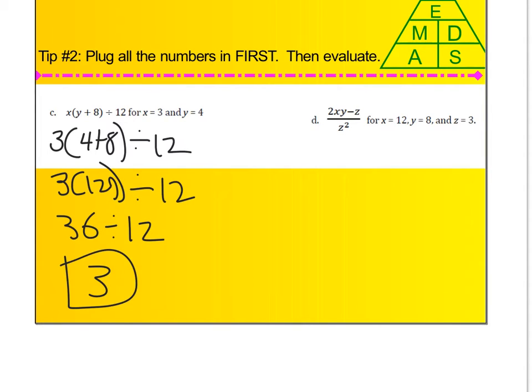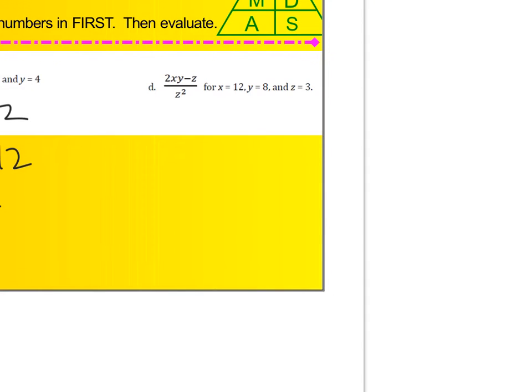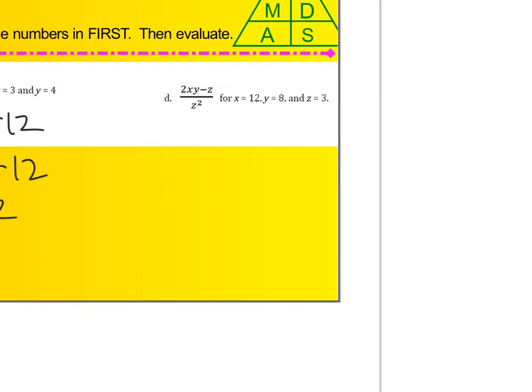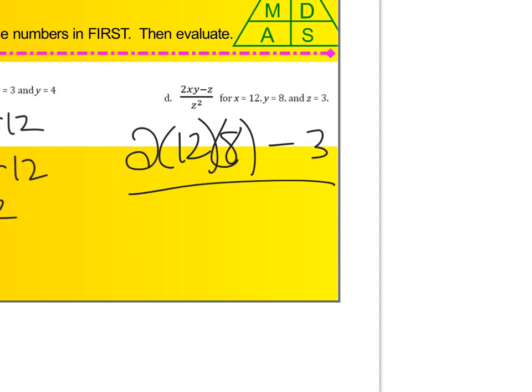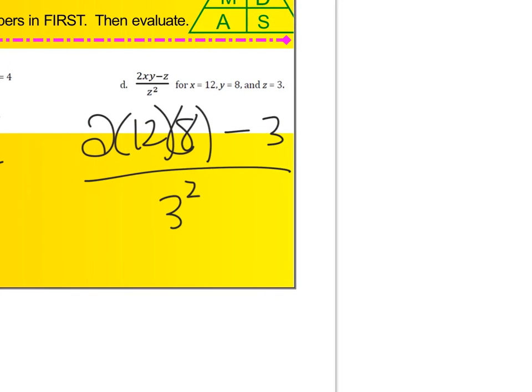D gets a little bit more complicated. D gets a little bit messier because I got to go 2, 12, 8, minus 3, all over 3 squared. So now following the rules means on the bottom I'm going to have 9. That gets rid of that. On the top I'm going to multiply 2 times 12 times 8.